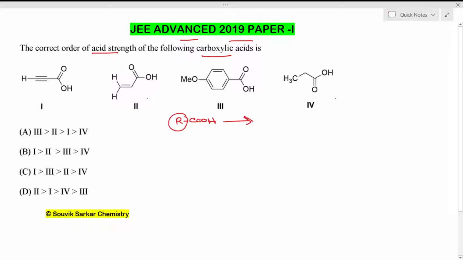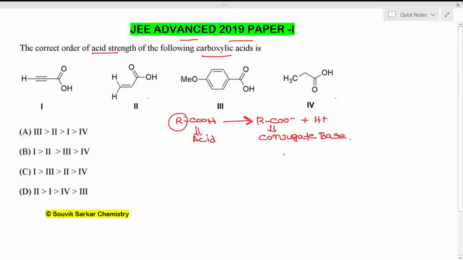Whenever there is an acid, the main characteristic is that it will generate a proton, or H plus, and form the corresponding anion and H plus. This anion is known as the conjugate base, and this is our usual acid.